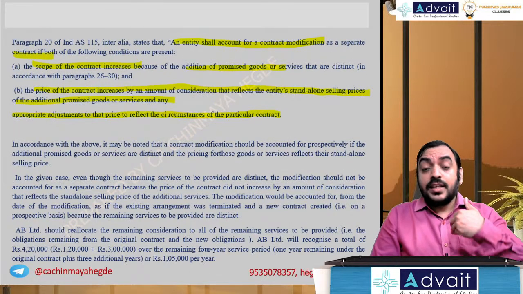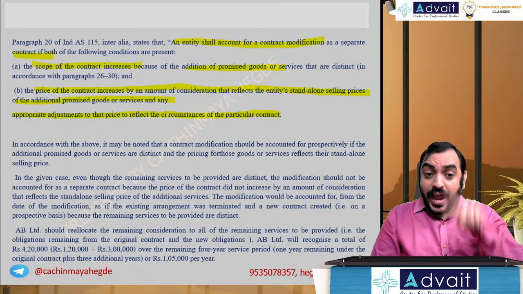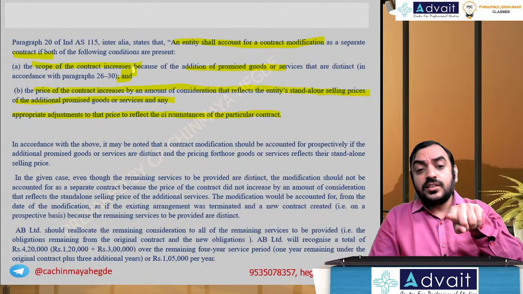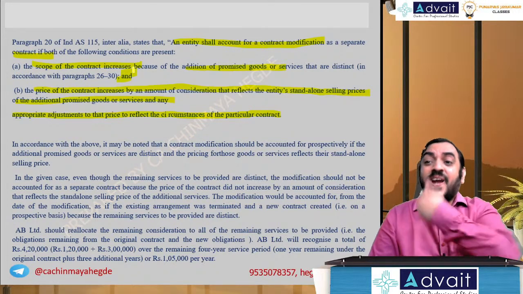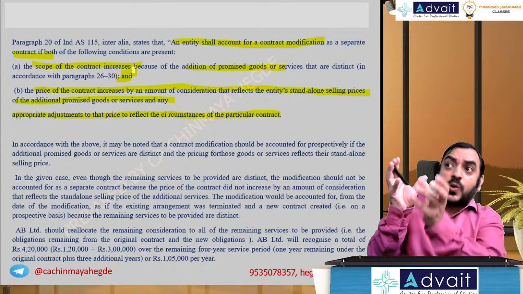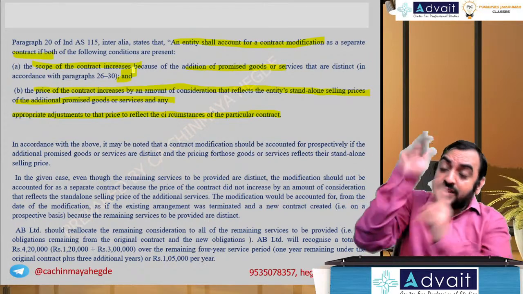One condition, there has to be additional goods that are distinct, and the price should be increased proportionately to reflect the standalone selling price. So the price is increasing and the goods are also increasing and the price is reasonable, fair for that additional goods or service.